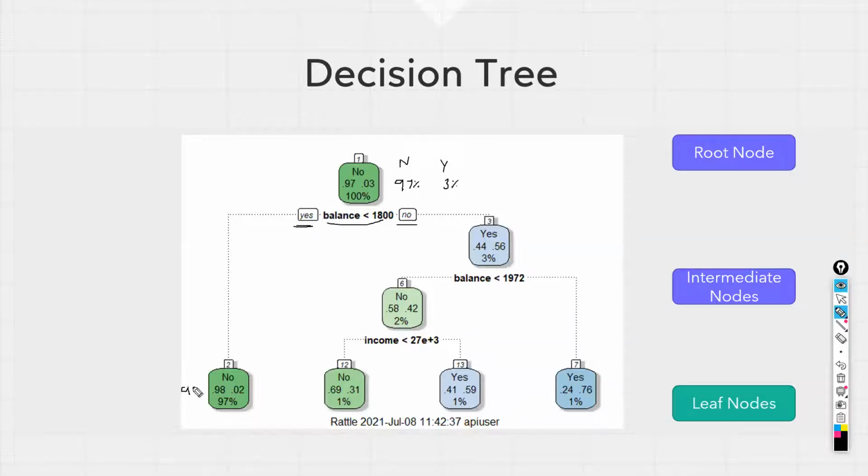Here 98% of them belong to no class and 2% of them belong to S class. Not a great improvement from this, but yeah, this is already 97, so very difficult to achieve. So 98% belong to no. So the majority of the observations here are going to be no.